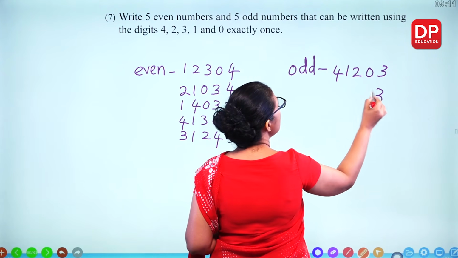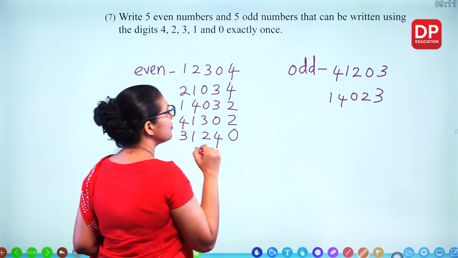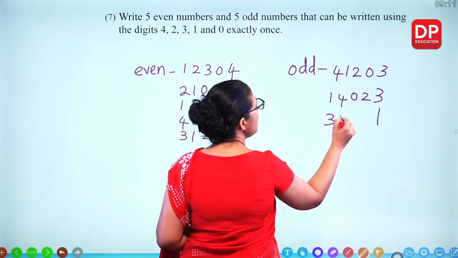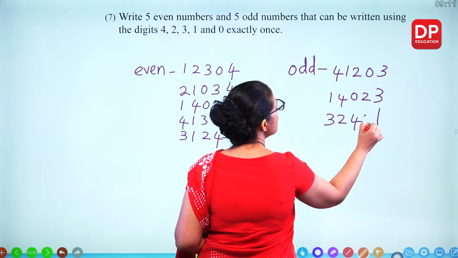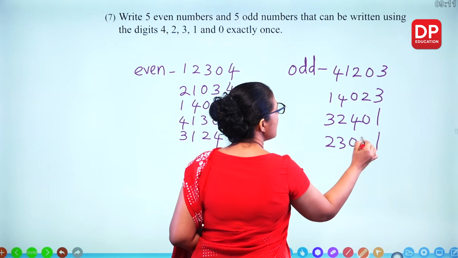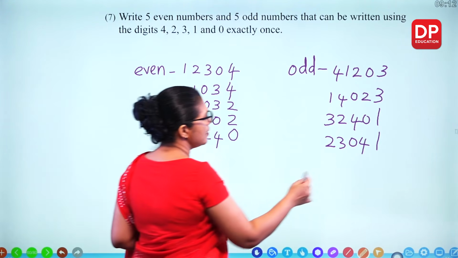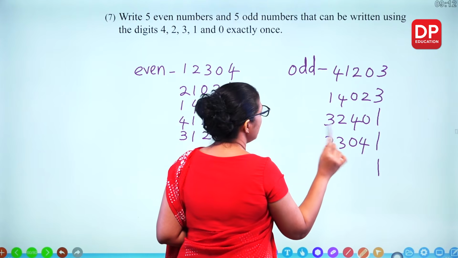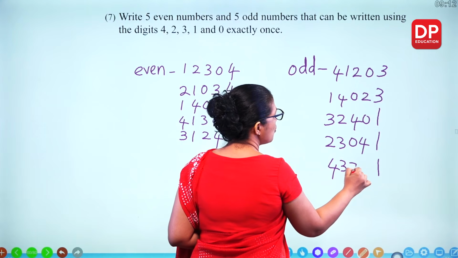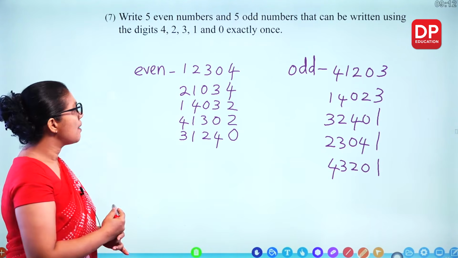Then 3 again, I can change it 1, 4, 0, 2. And I can put 1 also: 1, 3, 2, 4, 0. With 1 I can change it 2, 3, 0, 4. And another number I can keep 1 and change the other numbers 4, 3, 2, 0. So those are odd and even numbers.